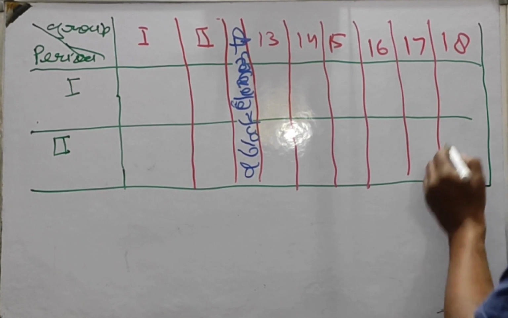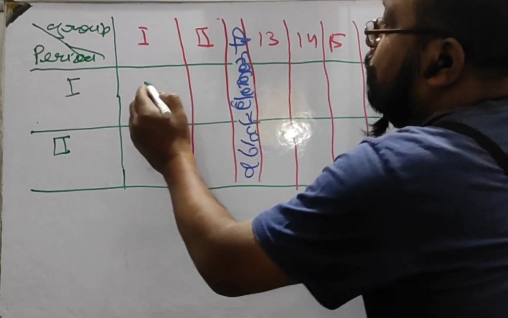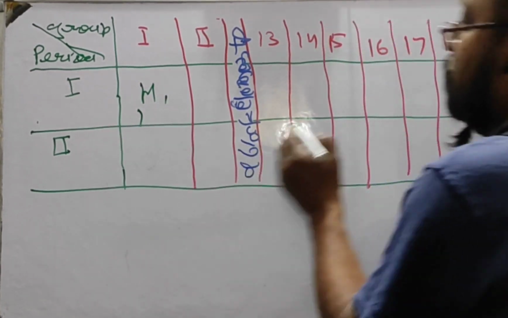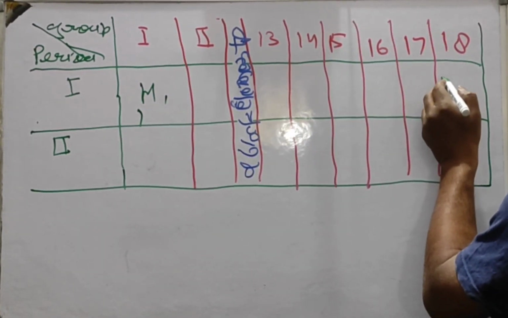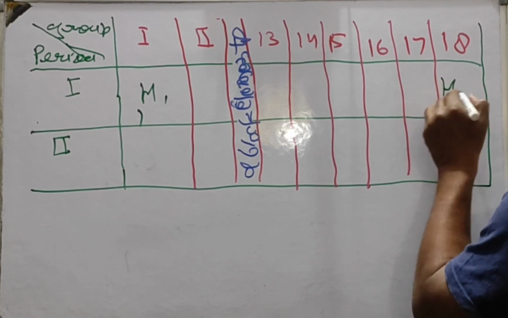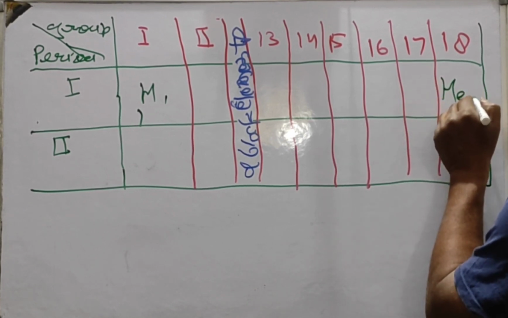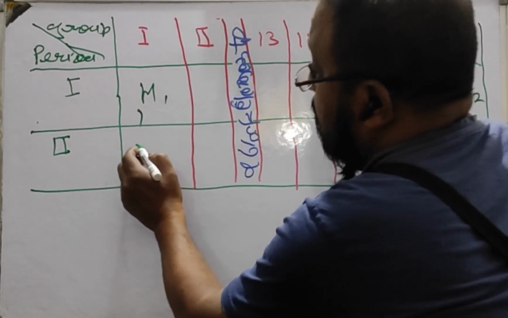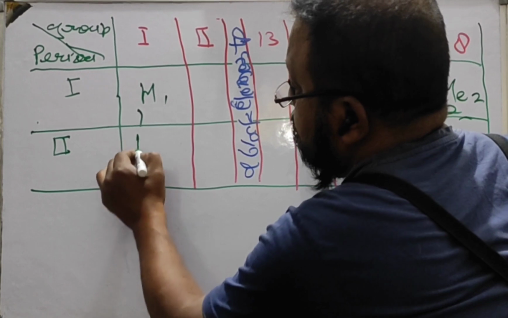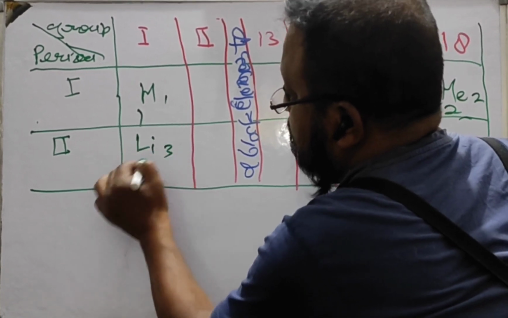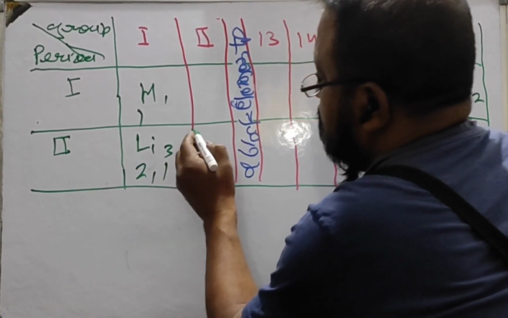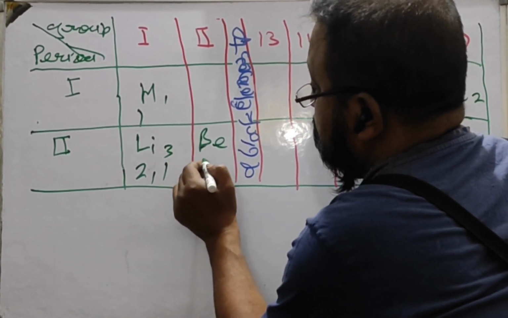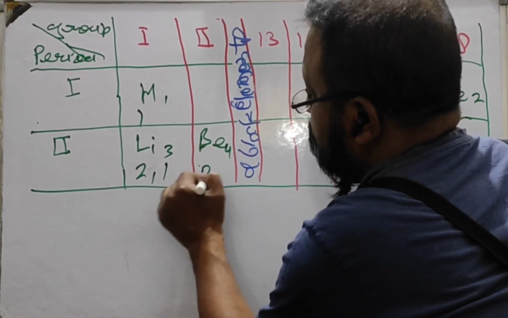So this is like this, right? In the first group, we have hydrogen, atomic number 1, its electronic configuration is 1, and then we have helium with atomic number 2 and it has 2. After that we have lithium, which is 3, it is 2 comma 1. Then beryllium, atomic number 4, so 2 comma 2.